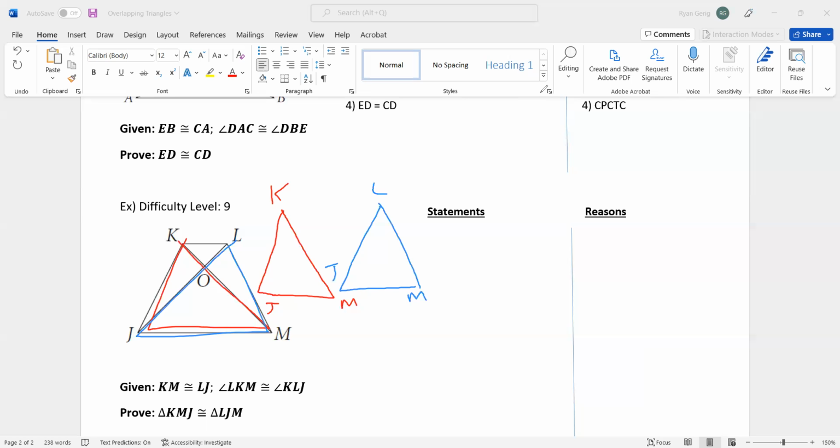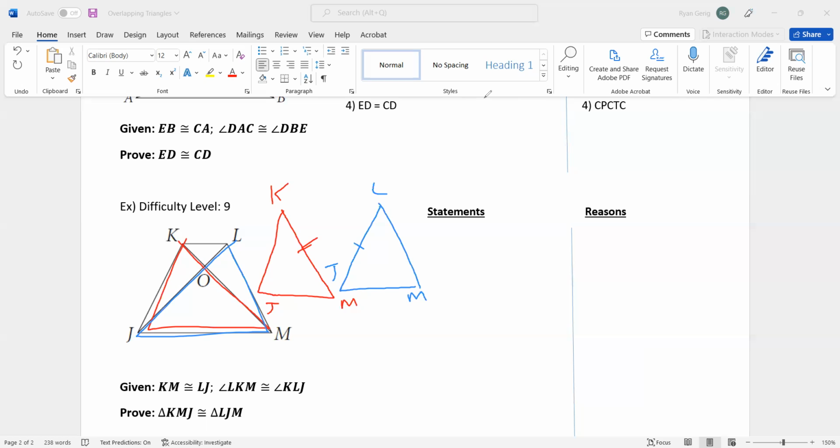Okay. But what did I give you? I gave you KM was congruent to LJ, and LKM was congruent to KLJ. Now that's where it gets tricky.